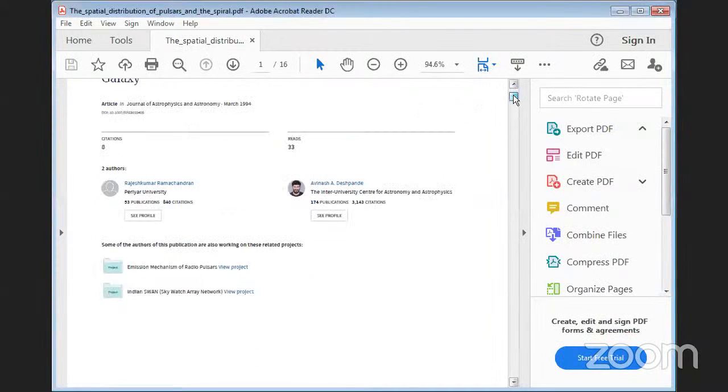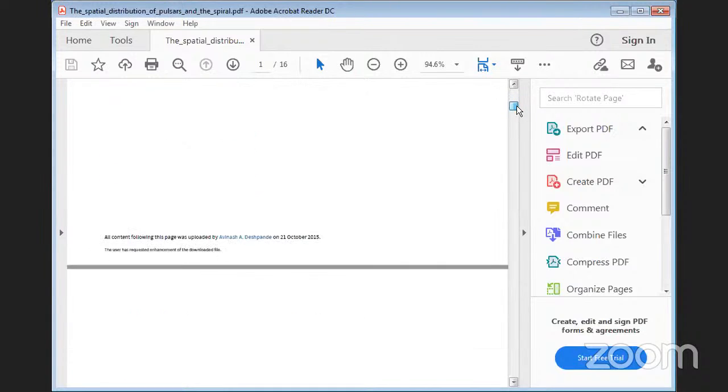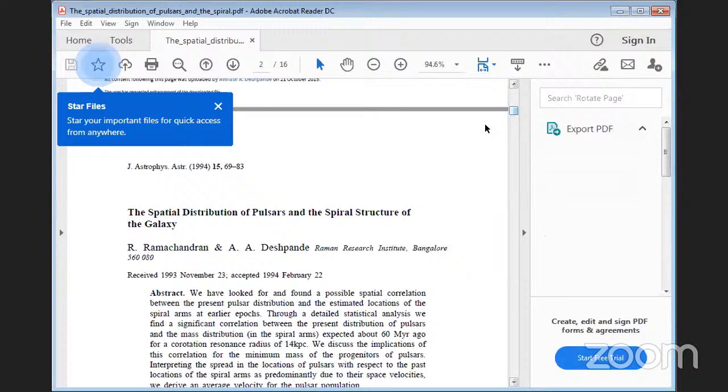Let me share the screen now. Are you able to see my screen? Yeah, we can see your screen.